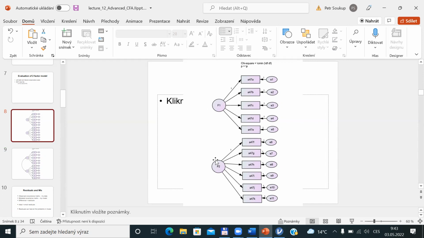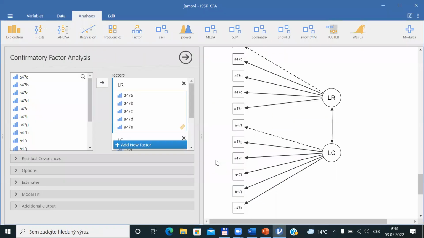Unfortunately, in Jamovi there is no chance to ask for this model with uncorrelated factors directly in the dialog of confirmatory factor analysis. So there is no chance to change it. If you switch into JASP, there is one option by which you can differentiate these models directly in the confirmatory factor analysis dialog.